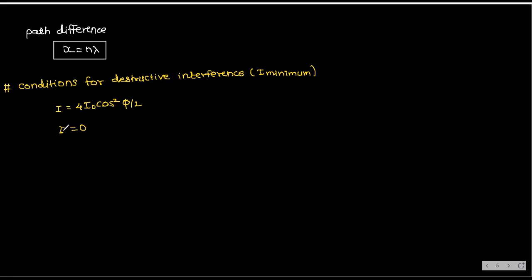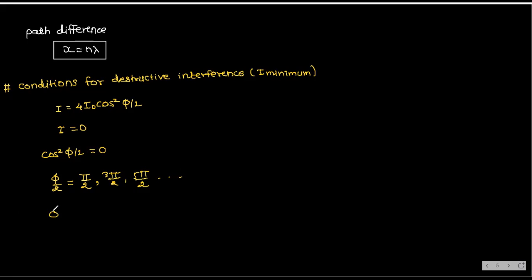So what should the intensity be? 0. Yes or not? So when is it possible? If cos square phi by 2 is going to be 0. So for what values are you getting this? So phi by 2 should be equal to 90 degrees, right? Cos 90 is 0, next 3 pi by 2, next is 5 pi by 2, and so on.